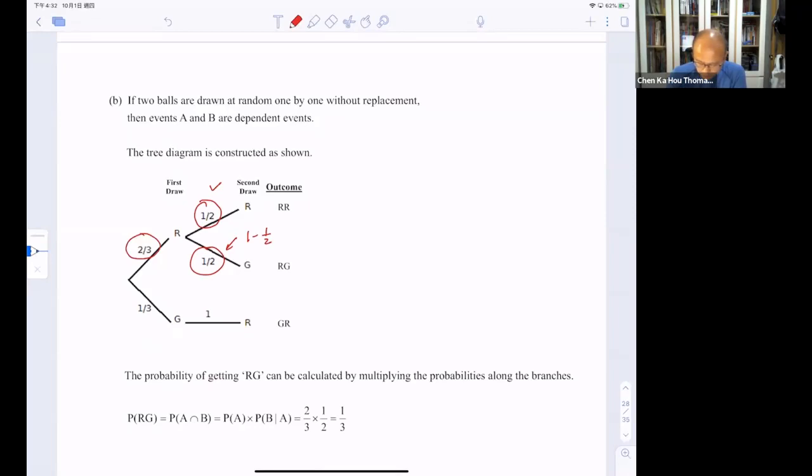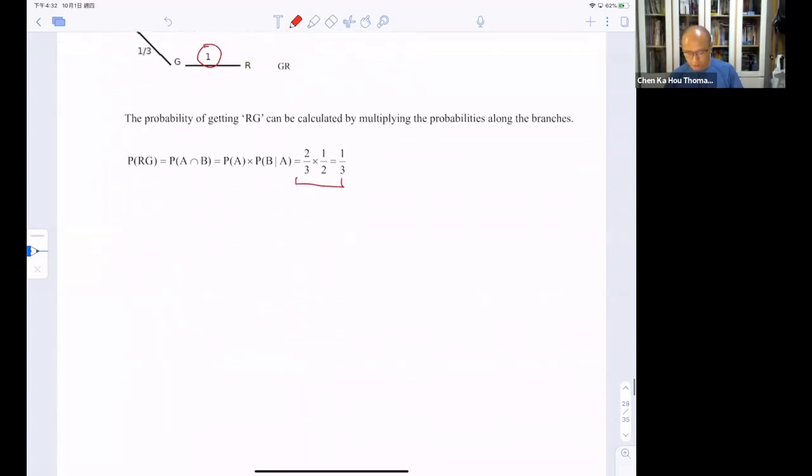Next, if the first one is green and you do not put it back, then the second one must be a red ball. So red first and green second is 2 over 3 times 1 over 2. You trace this path.